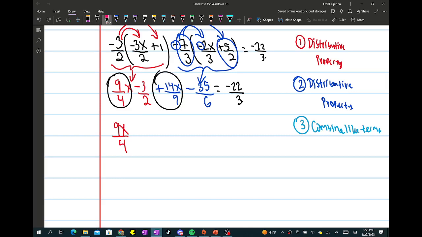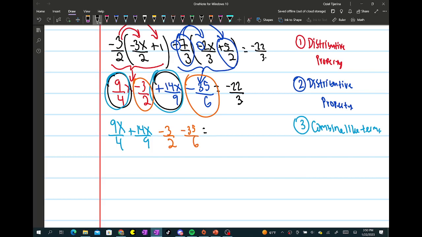So let me rewrite it this way. 9x over 4 plus 14x over 9. And then I also have this and this. So it's going to be minus 3 halves, and then minus 35 over 6, right?